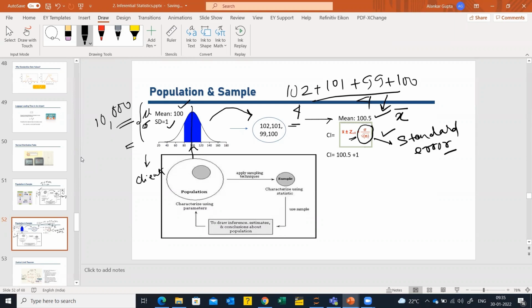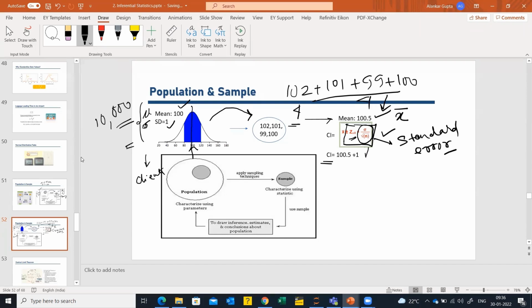Be very attentive here. Why this is called standard error, we'll come to this again, right? So for now, understand that the confidence interval is 100.5 plus minus 1. After the calculation, we calculated that this particular part comes out to be plus minus 1. Don't worry about it. We will come back to this with the calculation.